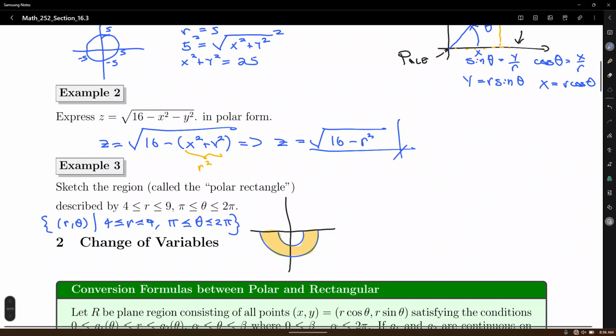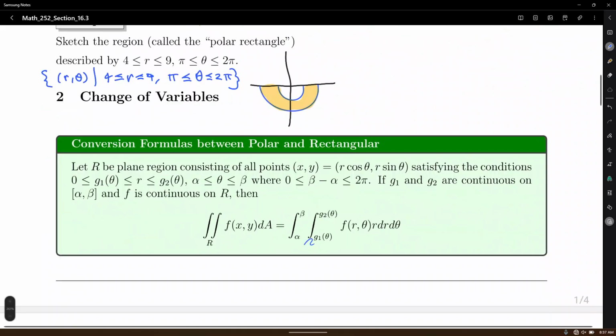For the most part, we're going to use the polar system. Well, that's the next part, the change of variables, the integration. When we integrate over regions that look circular, typically we would get these radicals with x squared plus y squared that otherwise may not give us an immediate way to integrate them, or potentially, as I mentioned before, they would be impossible to integrate with the techniques that we have so far.